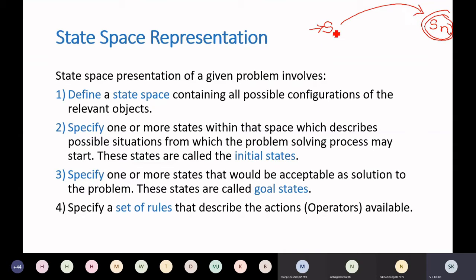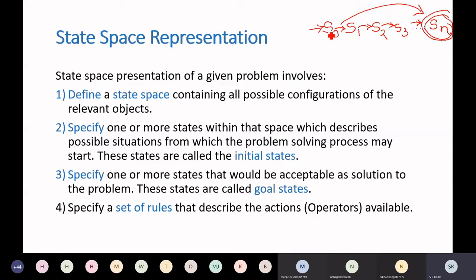So we are going to convert this initial state S0 into final state Sn. And to convert this S0 into Sn, your problem may go through some intermediate states like S0 to S1, S1 to S2, S2 to S3, and so on. So from S0 you may go to S1, from S1 to S2, S2 to S3, and from S3 onwards finally you will reach state Sn.